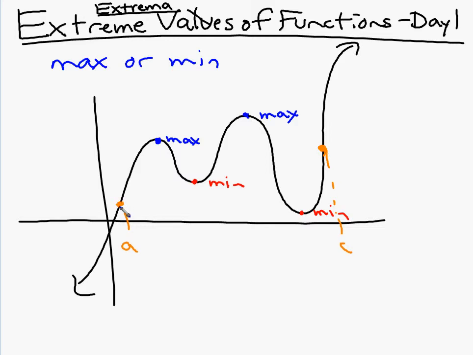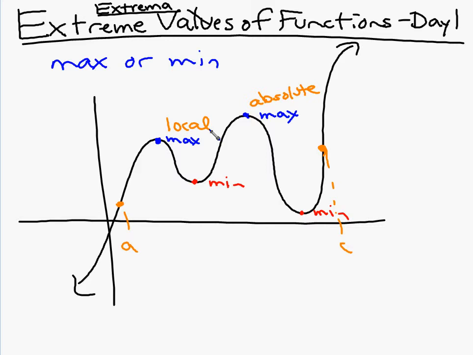If I'm looking at that interval, on this interval A to C, this bigger maximum would be called the absolute max, and this smaller maximum would technically just be a local maximum. All right, so if there's two maximums within a certain interval, the bigger one is the absolute max. And it's the same thing for the minimums. Okay?